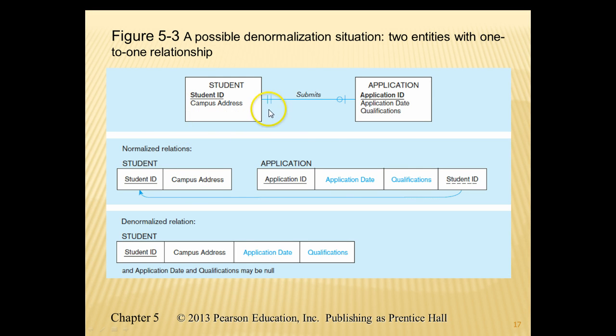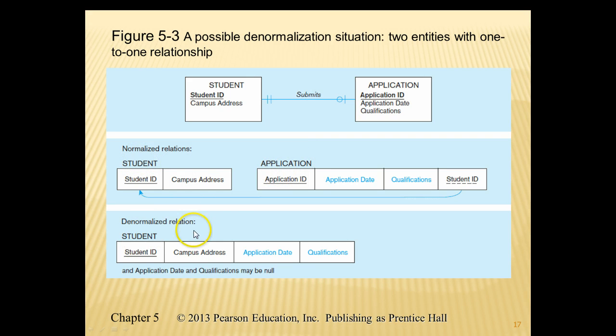So again, as you'll see in the relation, this is a one-to-one relationship between student and application. Student has a student ID primary key, and then a campus address as an additional attribute, and then application has application ID as a primary key, and then student ID is the foreign key coming from the student relation.